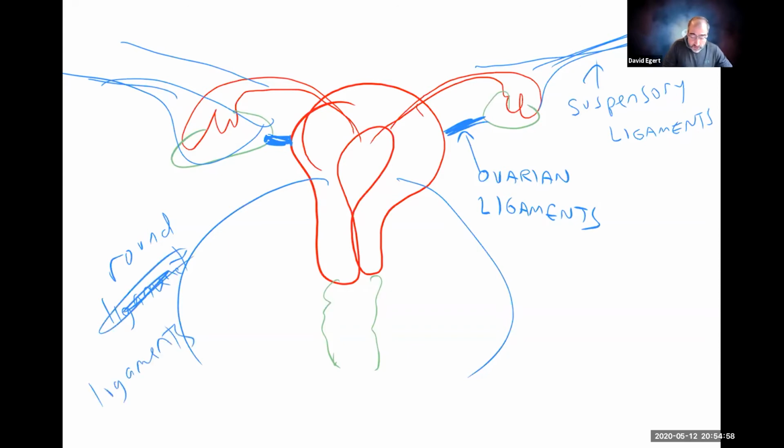There are also other ones like the cardinal or lateral ligaments, but a major thing that actually supports the uterus in place is the muscles of the pelvic floor.